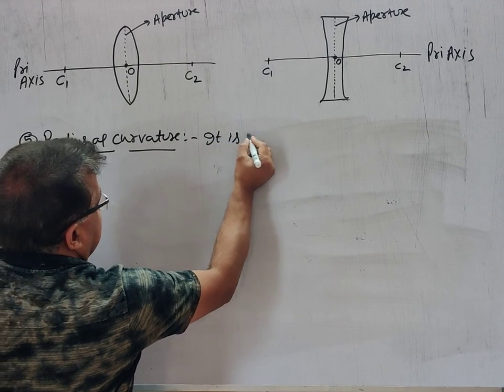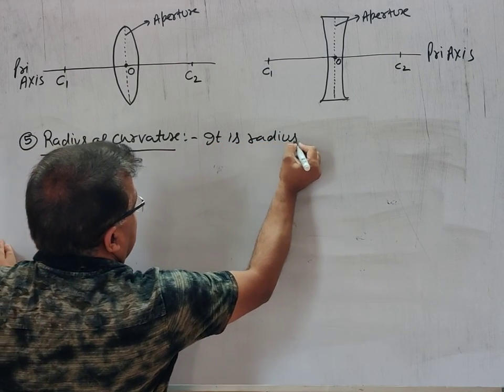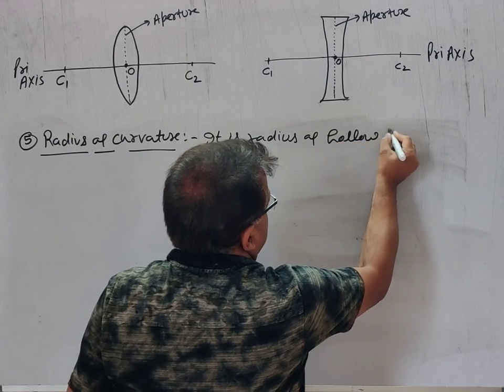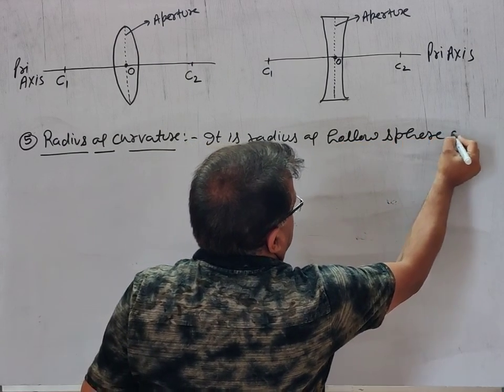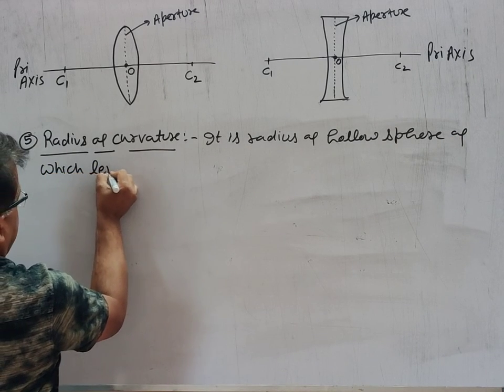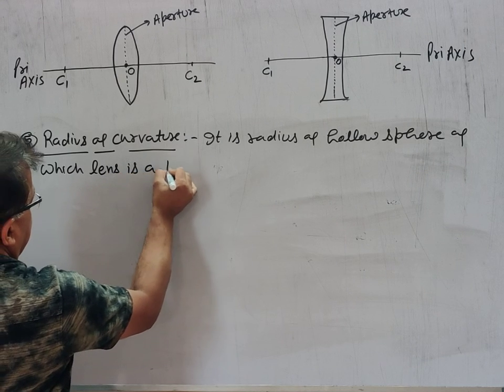It is the radius of the hollow sphere of which the lens is a part.